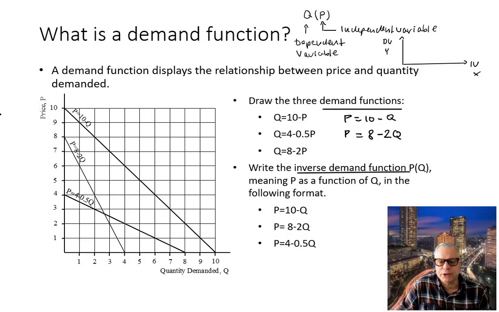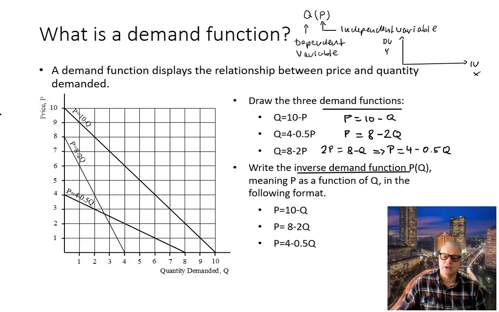If we rearrange this term, we can put 2P on one side: 2P equals 8 minus Q, and then I divide both sides by 2, and you get P equals 4 minus 0.5 Q. So those are the inverse demand functions, and we also see them here.